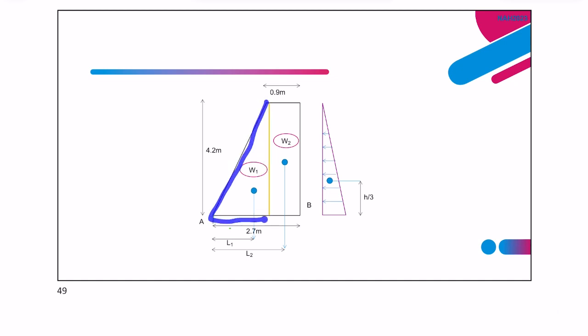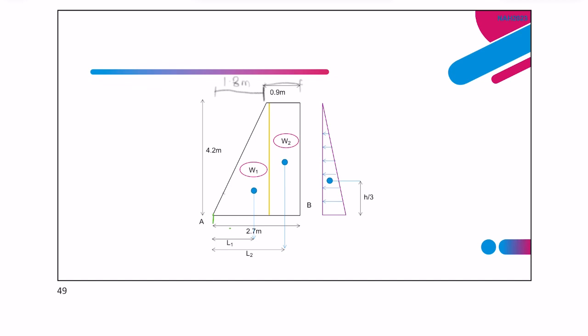For the first section, I name it as W1. We need to get the area first so that we can multiply with the unit weight to get the weight of the wall. This is a triangle and the overall width is 2.7 and here is 0.9. So 2.7 minus 0.9, you will get 1.8 meter here.